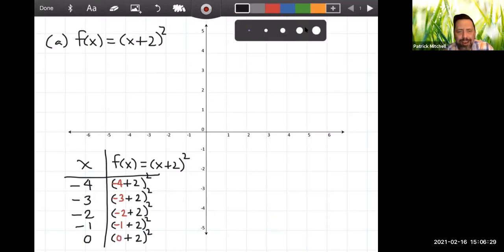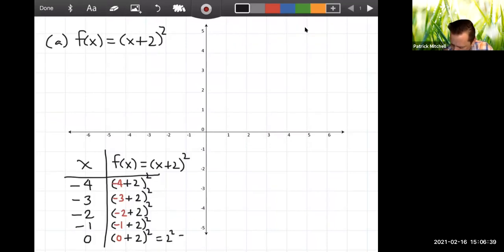So let's work from the bottom up. I think that might be the easiest way. 0 plus 2 is 2. 2 squared is 4, right? So right off the bat, I know that this graph passes through the point (0, 4). So let's put that right there. When x is -1, -1 plus 2 is 1. 1 squared is 1.